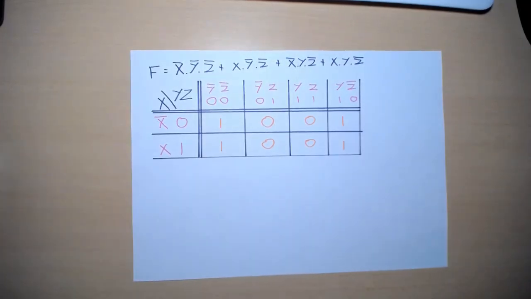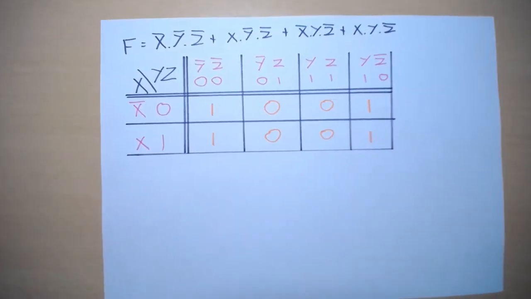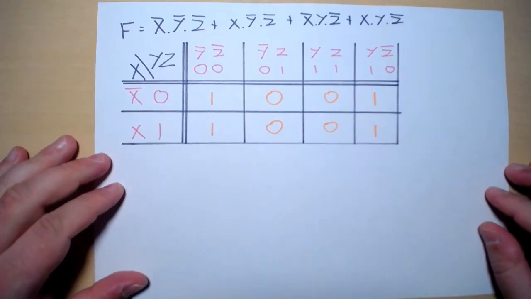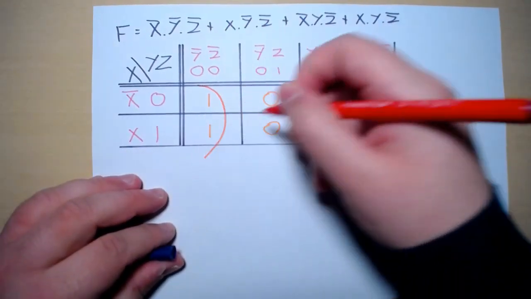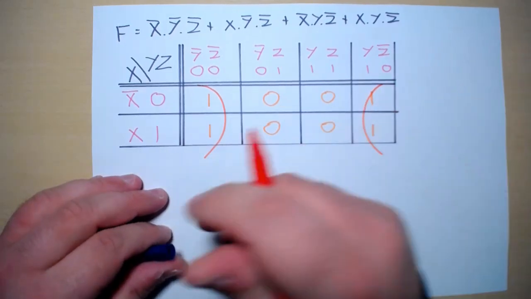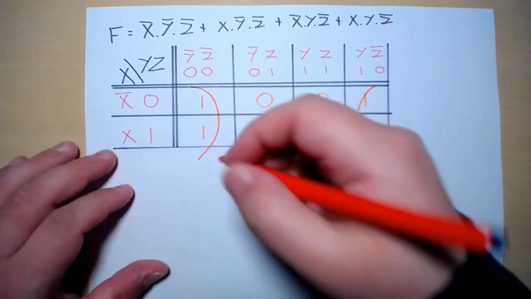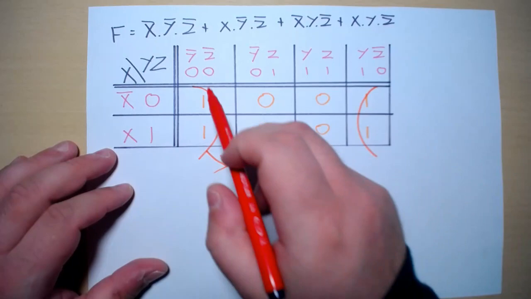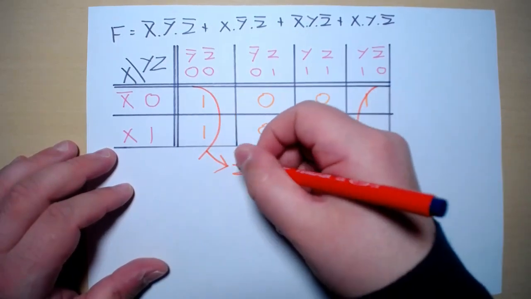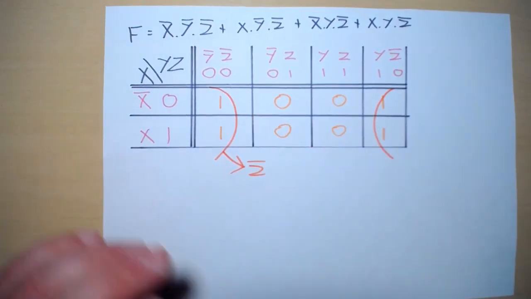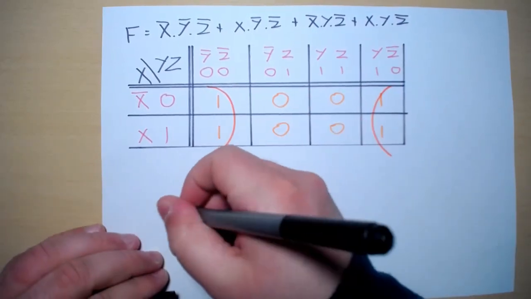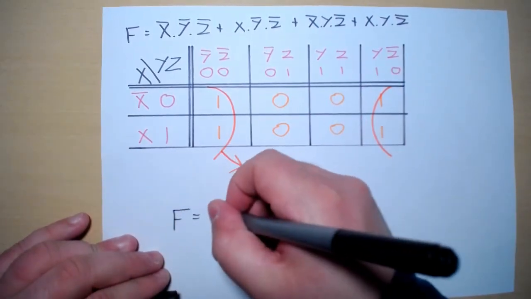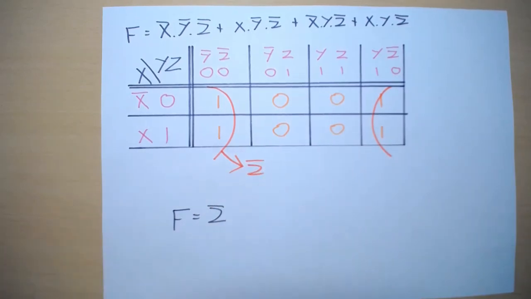So we can group this Karnaugh map like that in one group. There is common, obviously, z naught. Therefore, the final answer for this will be f equals z naught.